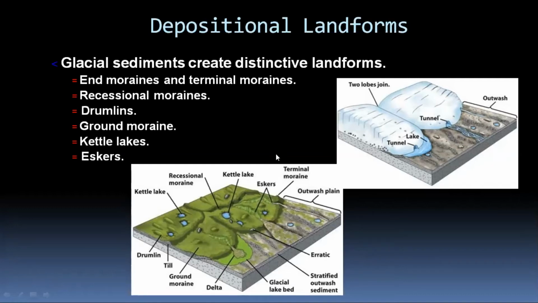And then comes eskers. Eskers are sinuous bodies of glacial deposition.